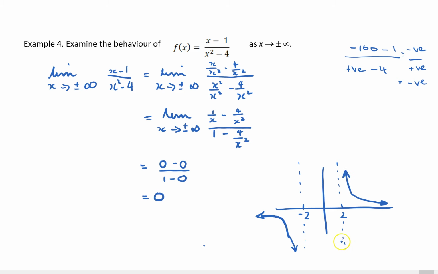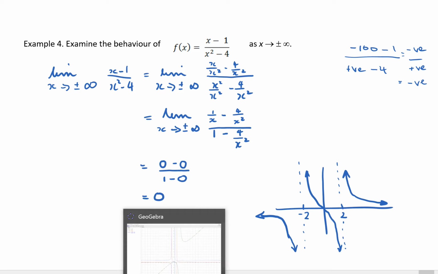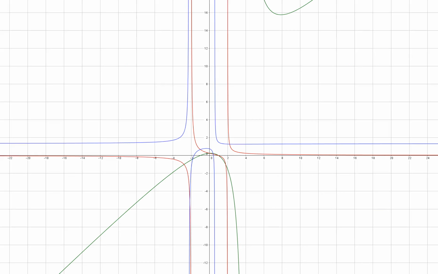And then here in the middle it does something very interesting, not that we're focusing really on this at the moment. If I just jump to our GeoGebra demonstration, you can see the graph I've just drawn is here in red.